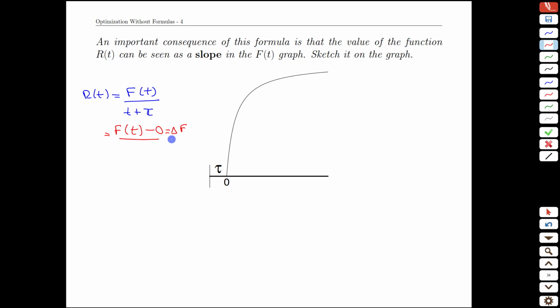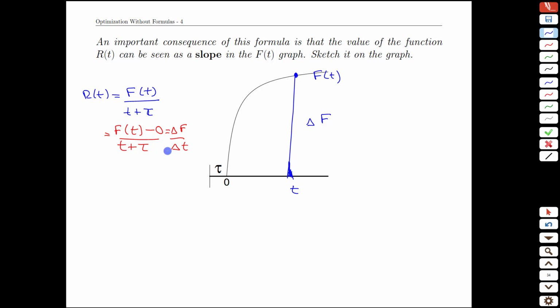Let's do this. Tau plus t, or t plus tau. That is a total distance in the time frame as well. Where do we see that, or where can we visualize that as a slope? If we pick a time t, and we go up to this value here, f of t minus 0 is this distance here, delta f.